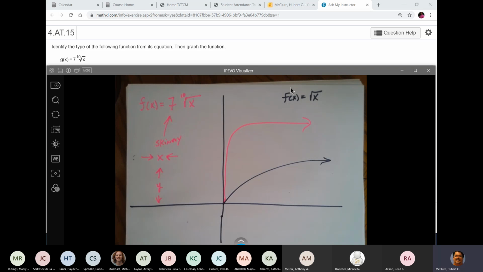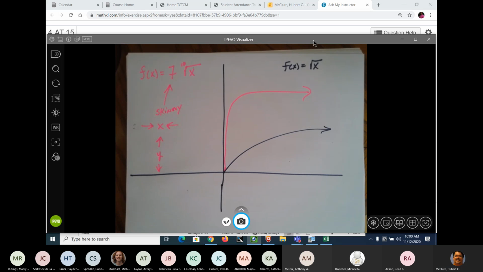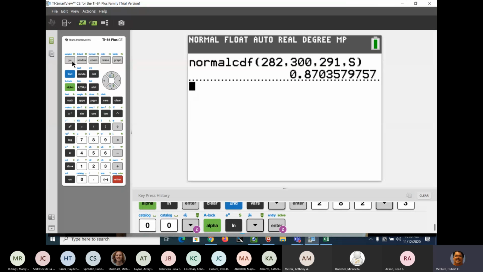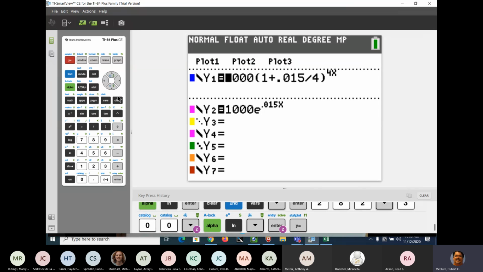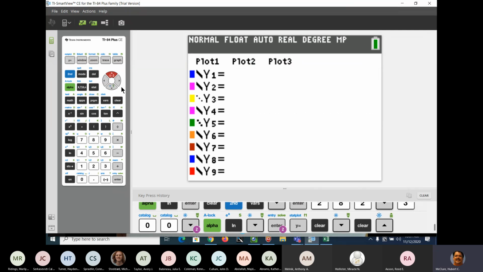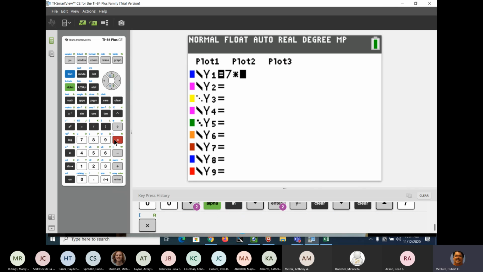So on this question, you would take your handy dandy calculator and you would say y is equal to, clear and clear. And I'm going to do 7 times the 10th root. Well, I think it's under math or somewhere under here. I'm not going to put it to the 10th root. I'm going to raise it to the 1/10th power.